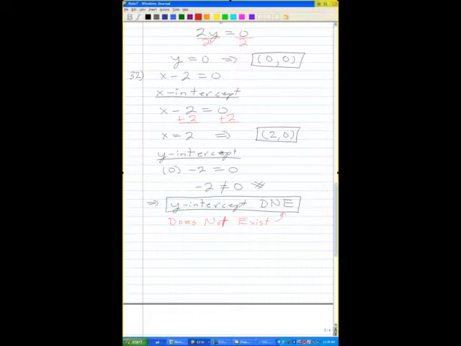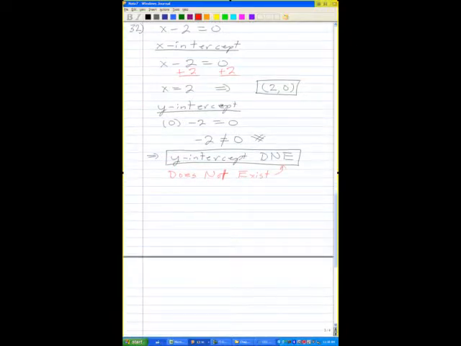Let's do, on page 113, let's say, problem number 38. X minus 2y equals 5. In exercises 37 through 60, graph the linear equation. Use intercepts whenever convenient.